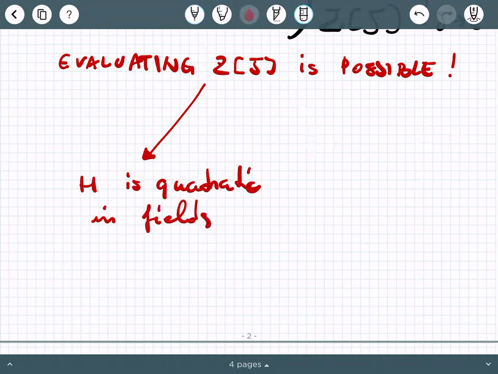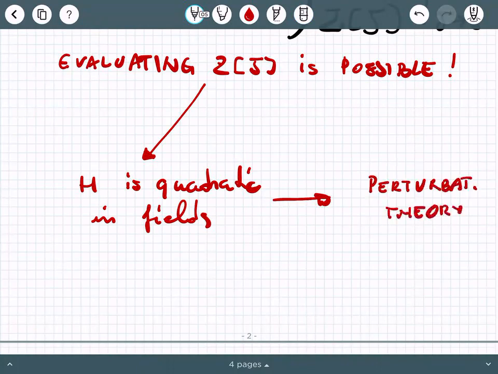This fact will ultimately lead to what is known as perturbation theory and Feynman diagrams, which we will discuss in the next lectures.